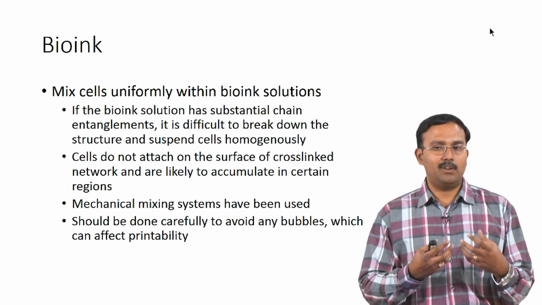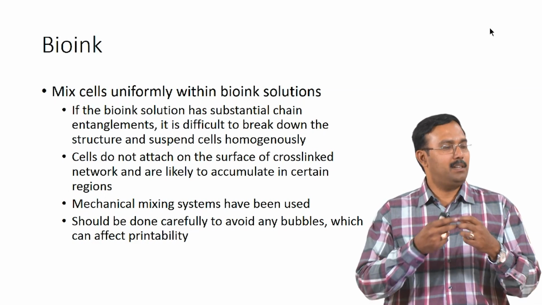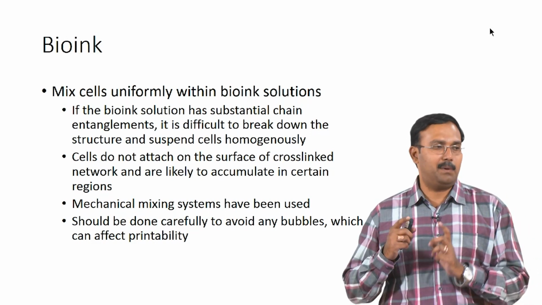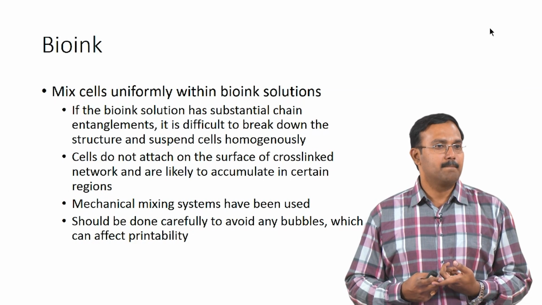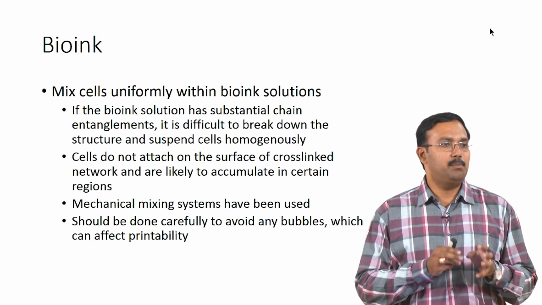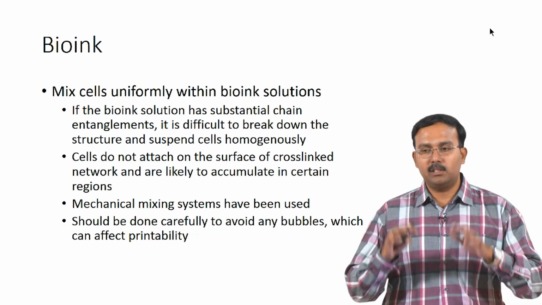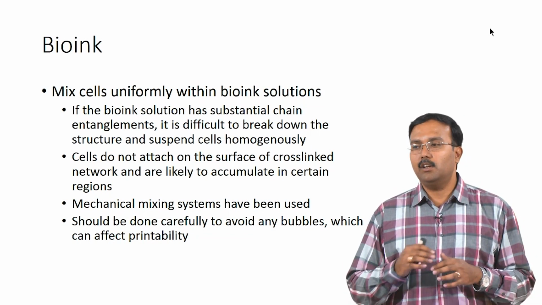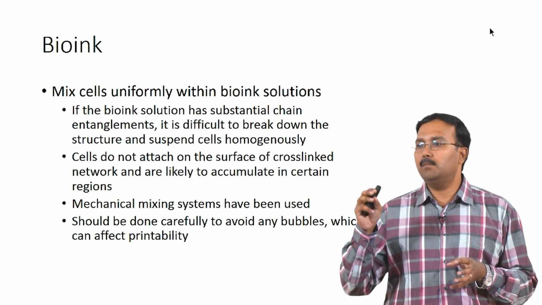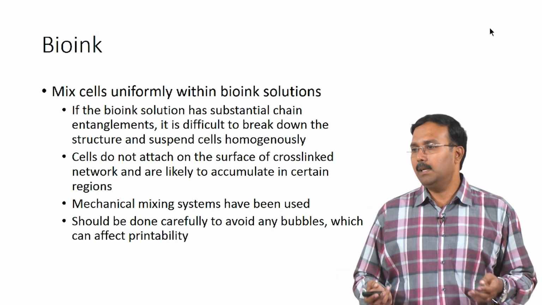So, only then you will have a solid structure. So, you would want it to have some entanglement initially, you cannot expect all the entanglements to happen right after being printed. So, if you are going to have these entanglements initially, it needs to be in an optimized way so that cells can actually be uniformly dispersed. Cell distribution cannot be just in pockets, that will be a problem.